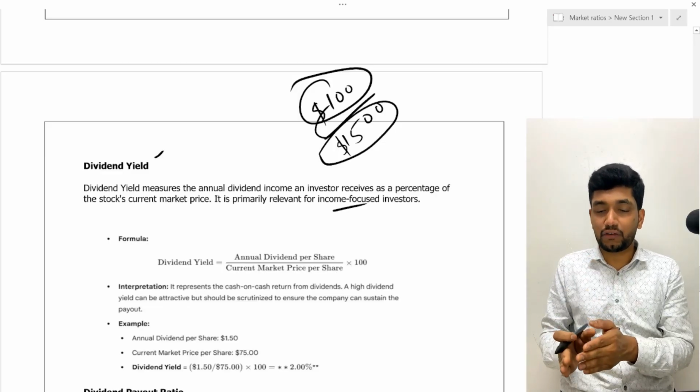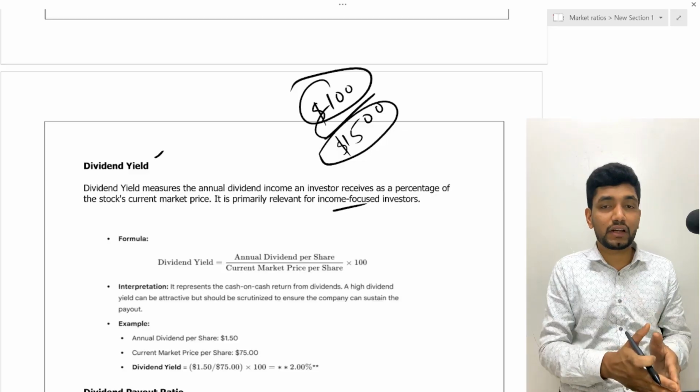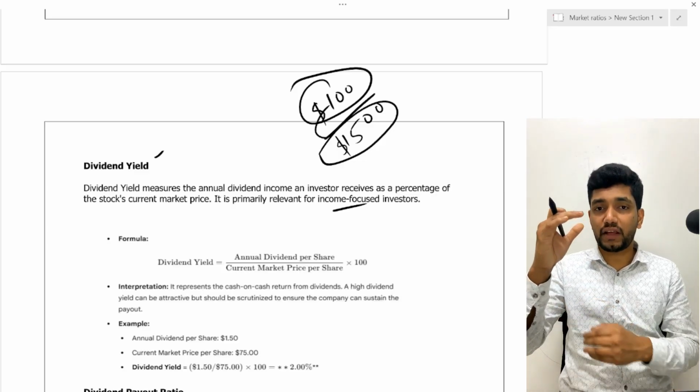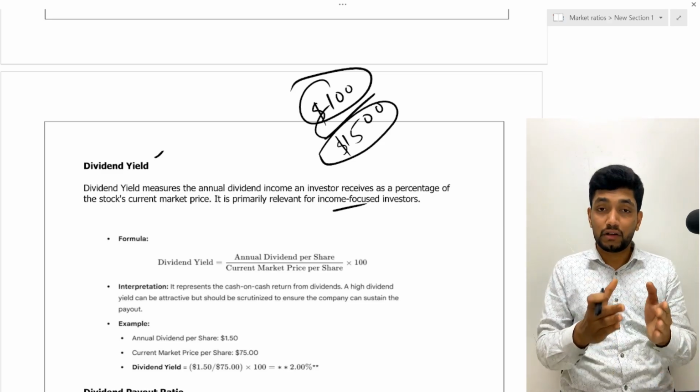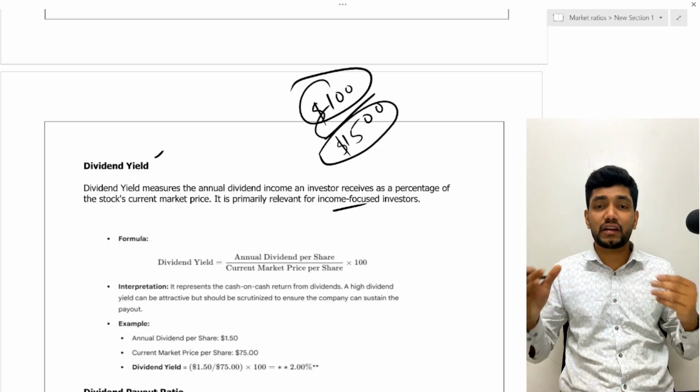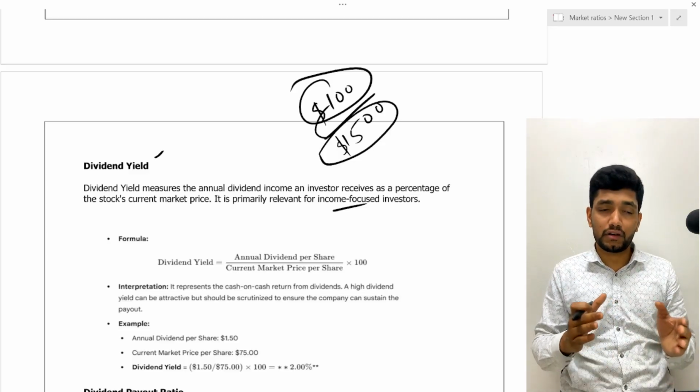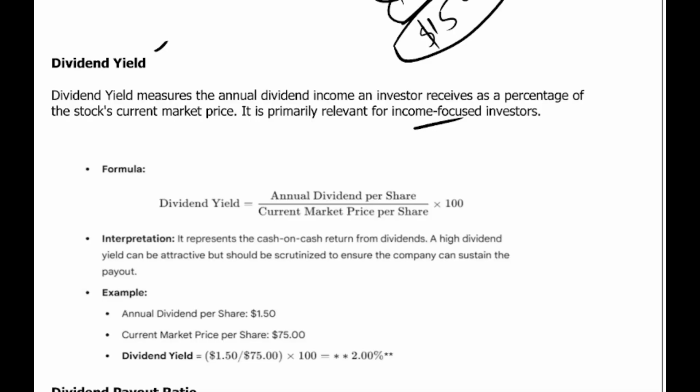He has to compare the expected dividend with the market price per share to see whether he can generate enough dividend to cover the investment cost or his expenses. So the formula is the annual dividend per share divided by the current market price per share.